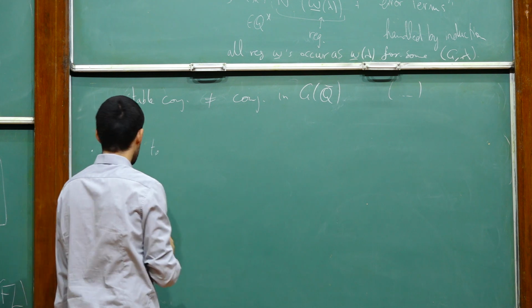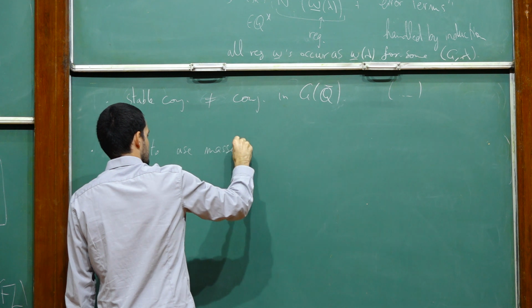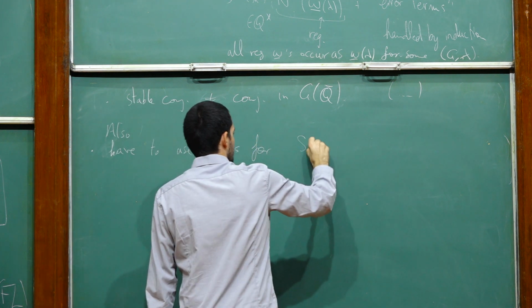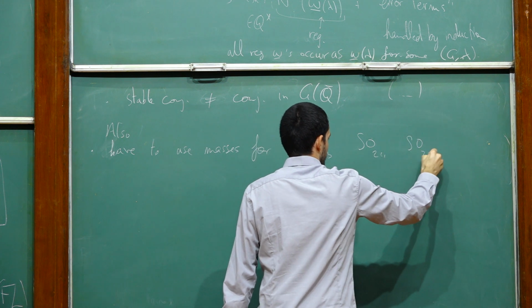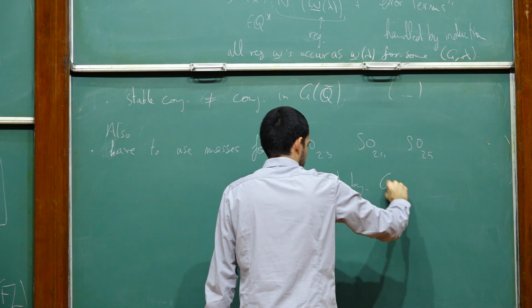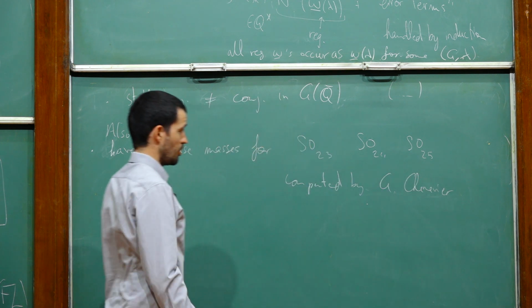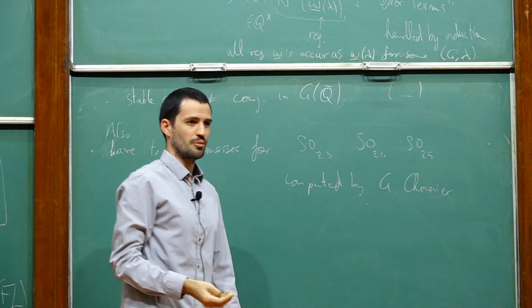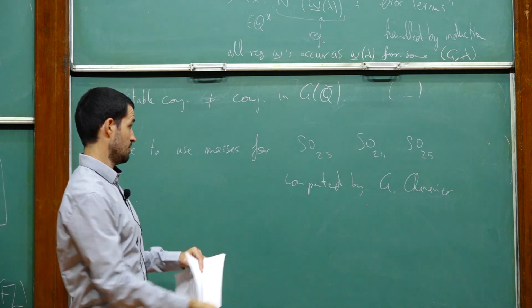And so to conclude, we also have to use the masses for SO23, 24, and SO25 by Gaëtan Chenevier. So the problem is, with the previous method, we stopped at SO17, and then there are no definite groups until these ones, right?